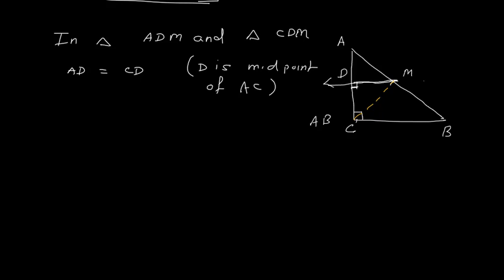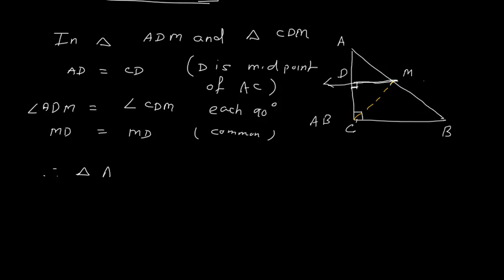Then angle ADM is equal to angle CDM, each 90 degree. And we have this side MD is equal to MD, common. So therefore triangle ADM is congruent to triangle CDM. Therefore AM is equal to CM. So AM and CM, they are equal.